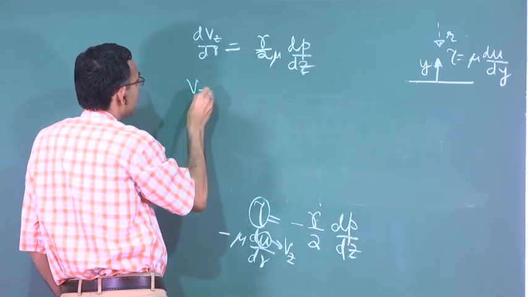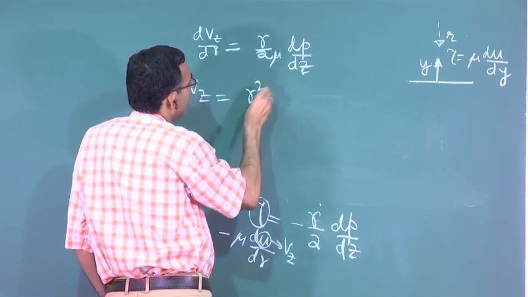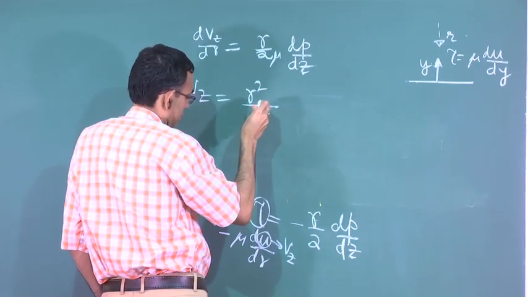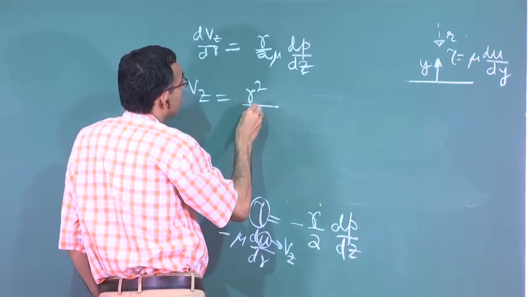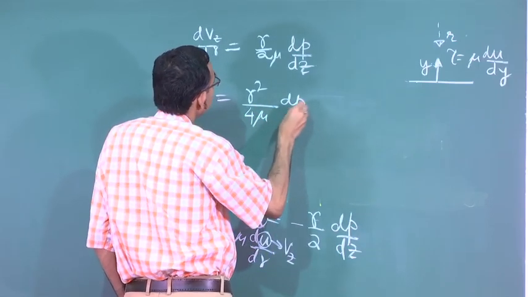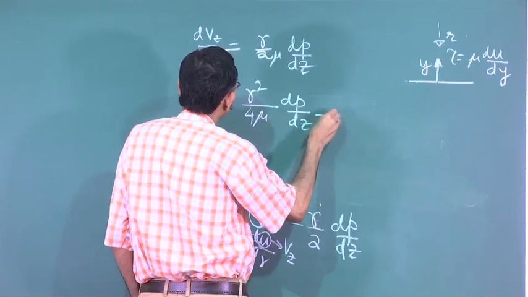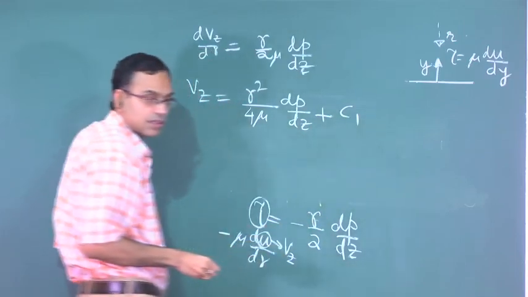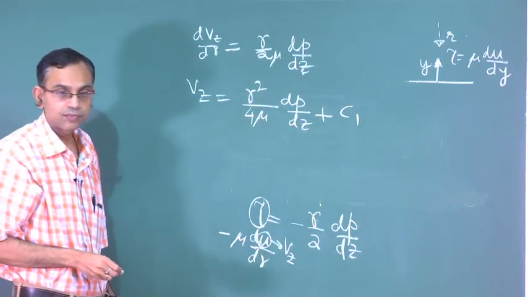If you integrate this once more, Vz is equal to r square by 4 mu dP dz plus a constant of integration C1.